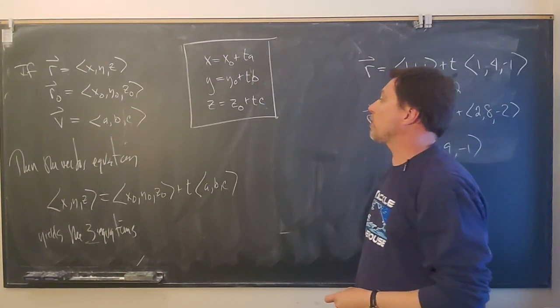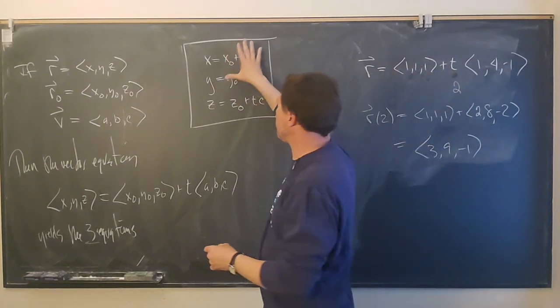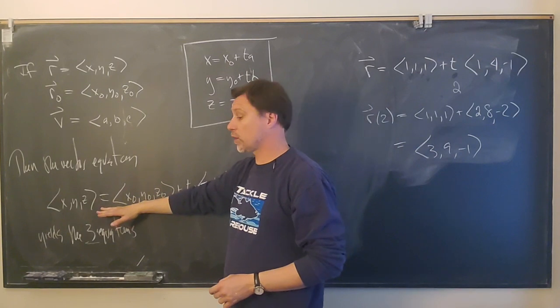Those three equations right here also completely determine the line. We can go back and forth between these three equations and this vector equation right here.